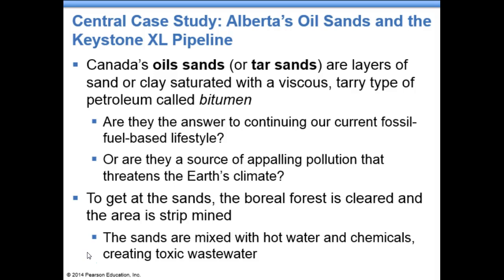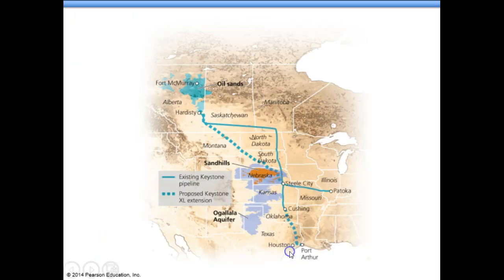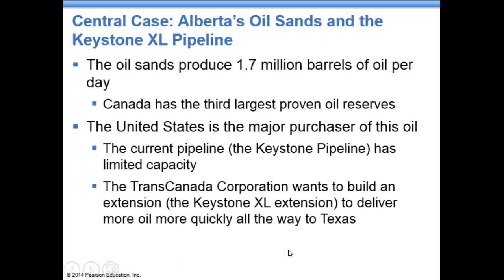Add notes to the PowerPoint that you see here, the oil sands and the tar sands. Please make sure that you add those notes. This is the map that corresponds with that case study so that you can see where they're talking about. And this slide is also part of that case study as well.